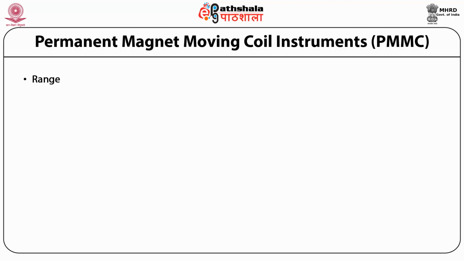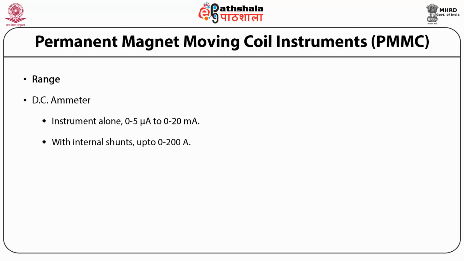Now students, we will study the range of the DC ammeter and DC voltmeter. First of all, the range for DC ammeters. First, for the instrument alone, the range may vary from 0 to 5 microamperes to 0 to 20 milliamperes. Second, with internal shunts, the range may vary up to 0 to 200 amperes.